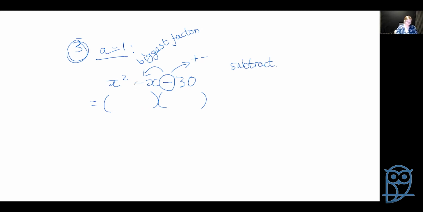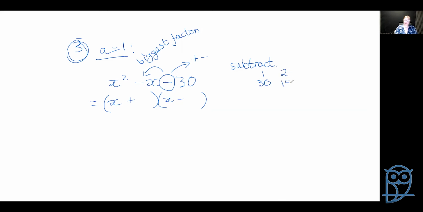So we can go right in already, x, and a plus and a minus, and we know our biggest factor is going to have the minus. So let's go get our factors of 30. We have 1 and 30, and if we subtract these, we get 29. That's not going to help us.